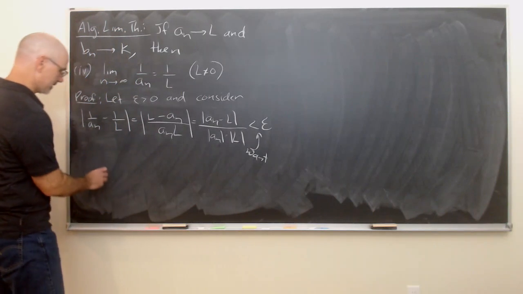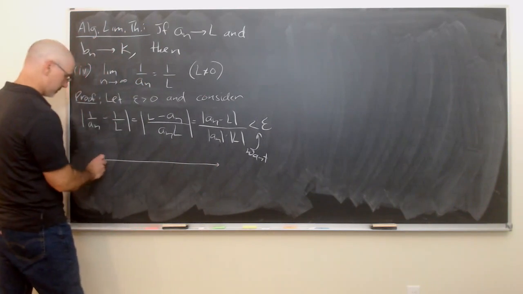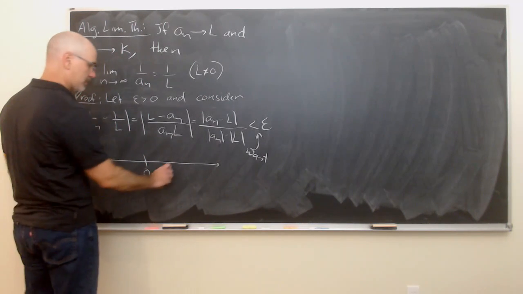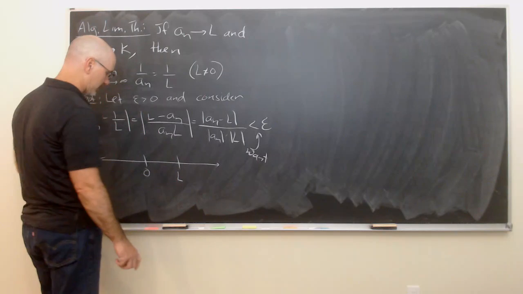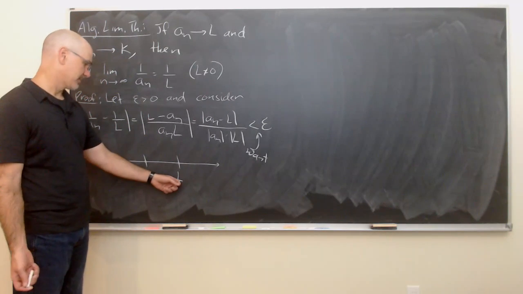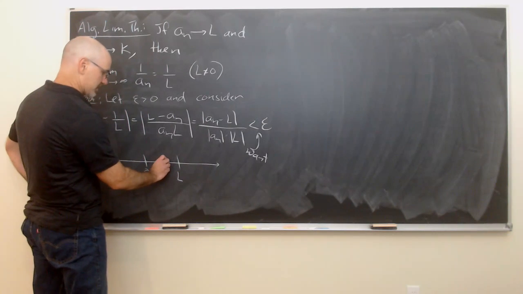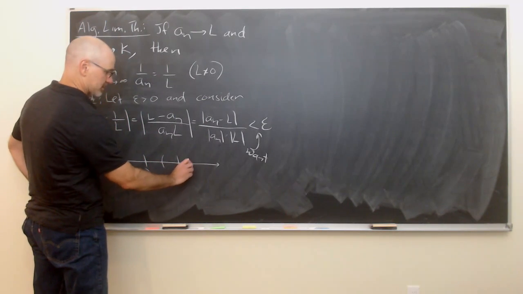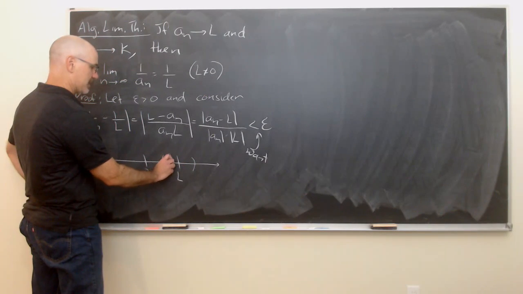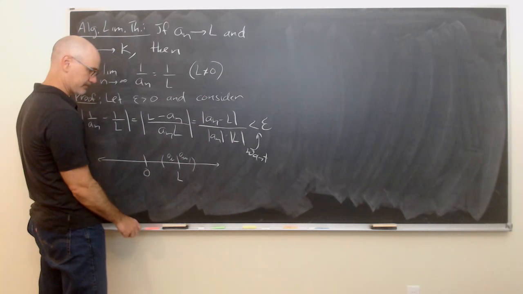Here's a picture for what we're going to do. It doesn't represent a proof, but let's say there is 0, and let's say our limit, which we know isn't equal to 0, that's an assumption, is positive. Then we can use the definition of convergence to make sure that past a certain point, all of the a sub n's are inside this interval.